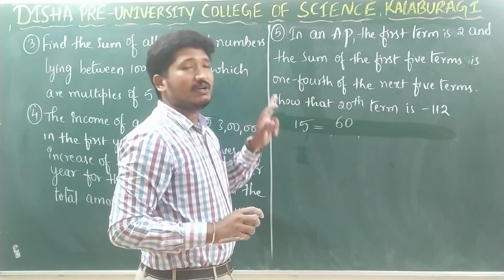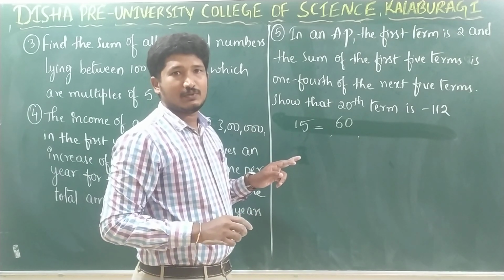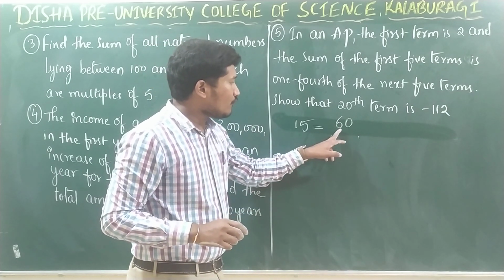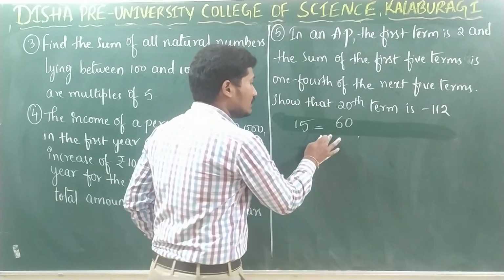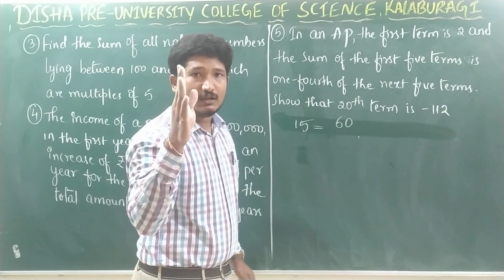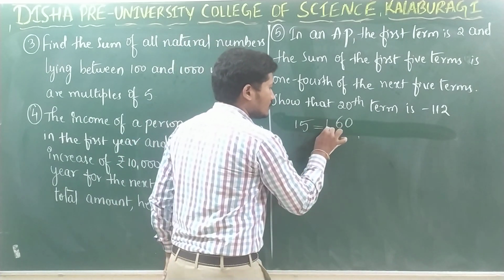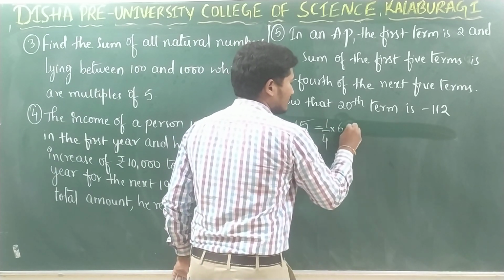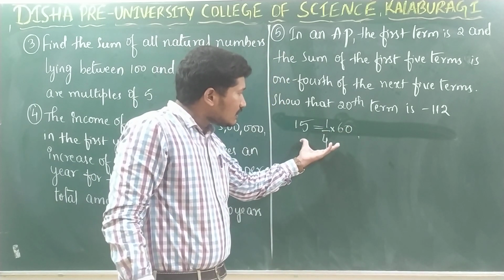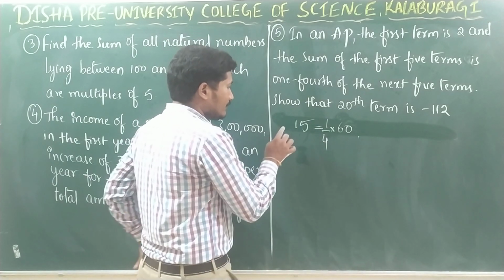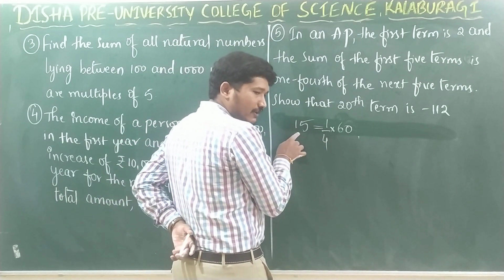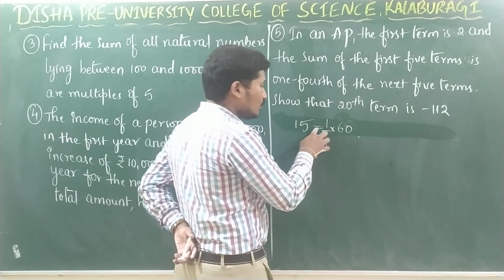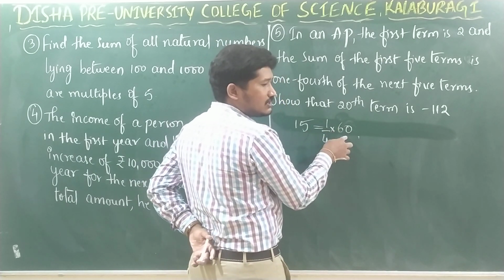The given condition is, when you make 4 parts of this, 1/4 in the sense you are making 4 parts there. So 1/4 into 60. This is the condition that they have given. That is, the sum of the first 5 terms must be equal to 1/4 of the next 5 terms.